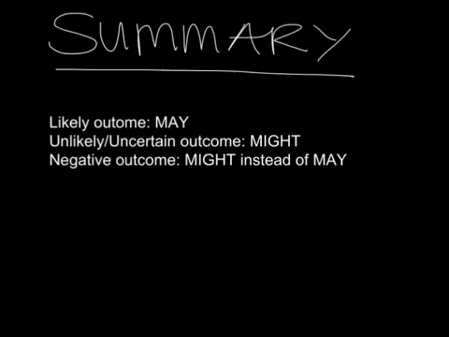However, when it comes to negative outcomes, like the example I showed you before, you are not going to the party, it's better to use might instead of may, because may also has a function of permission, that someone is not allowed to go to a party.